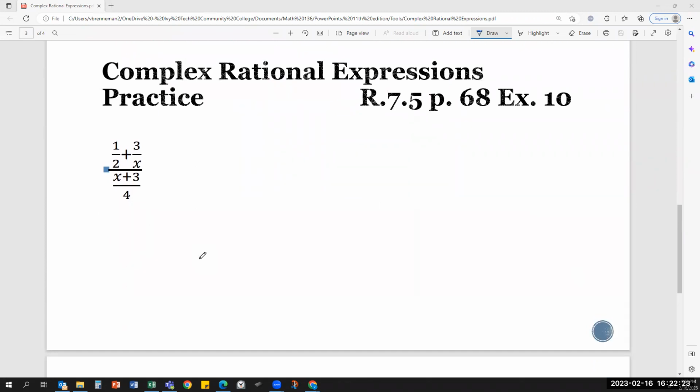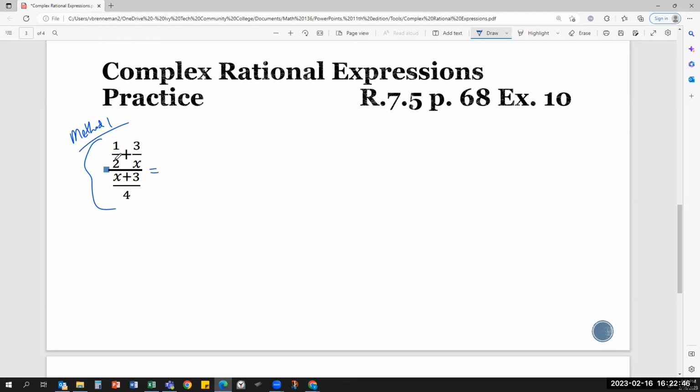So the first example, we have 1/2 plus 3 over x, over x plus 3 over 4. Using the first method, I'm going to work on simplifying the top and the bottom separately, and then eventually be able to do the division.